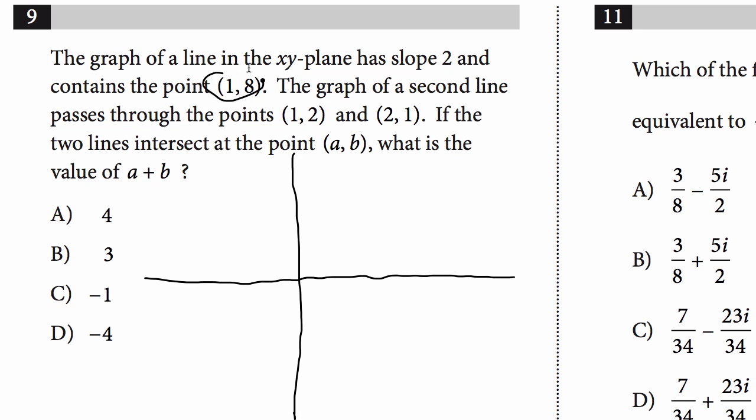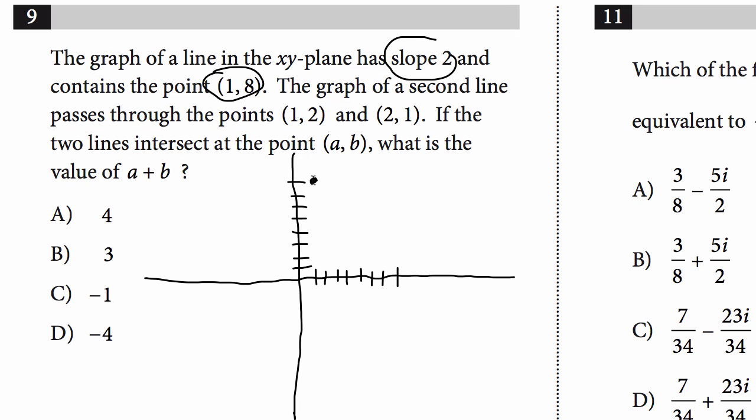So it's on point (1, 8). 1, 2, 3, 4, 5, 6, 7, 8 up, and 1, 2, 3, 4, 5, 6, 7, 8 across. So (1, 8) is there. And the slope is 2. So it goes rise over run, up 2 over 1.